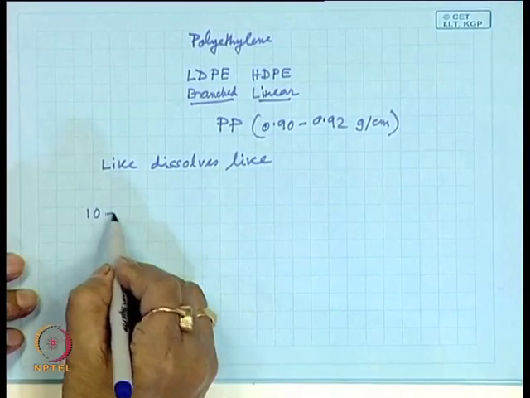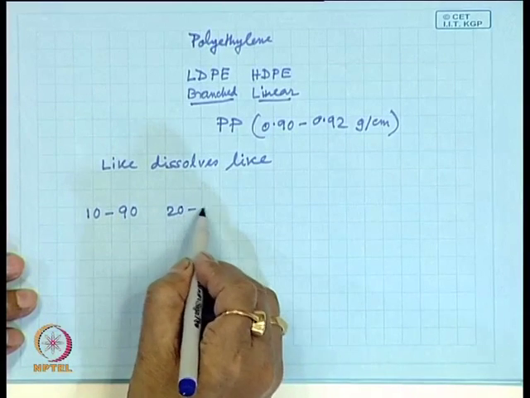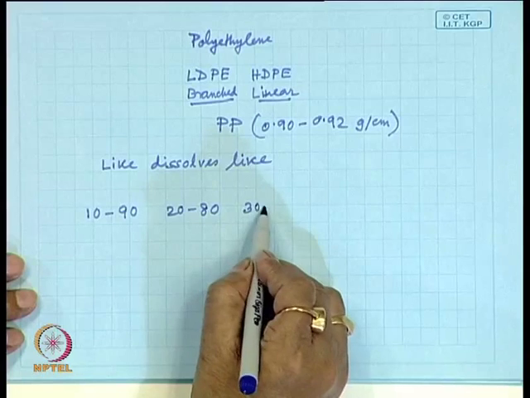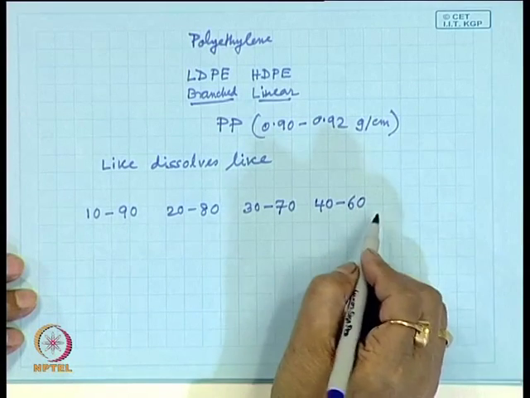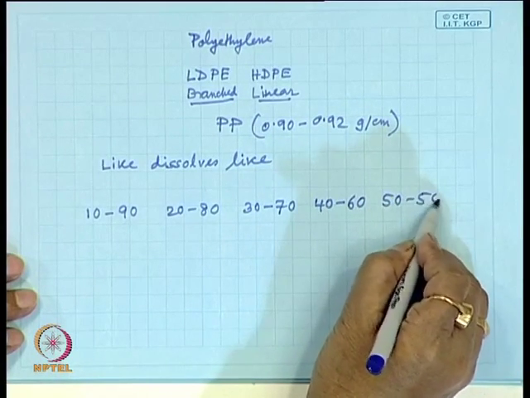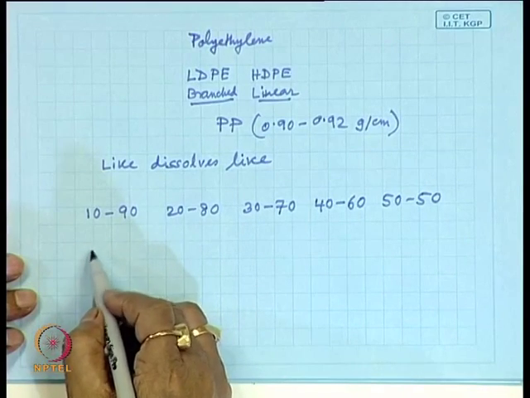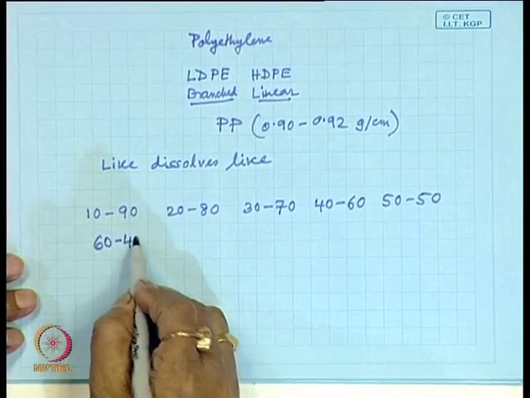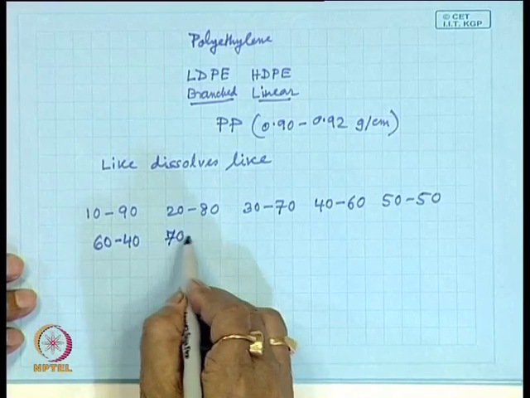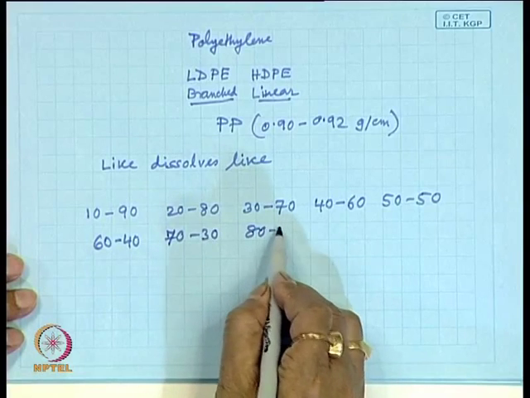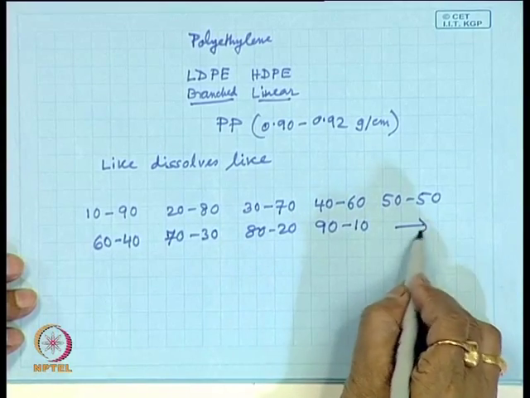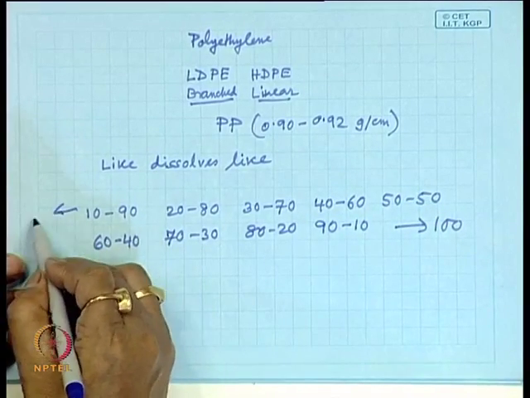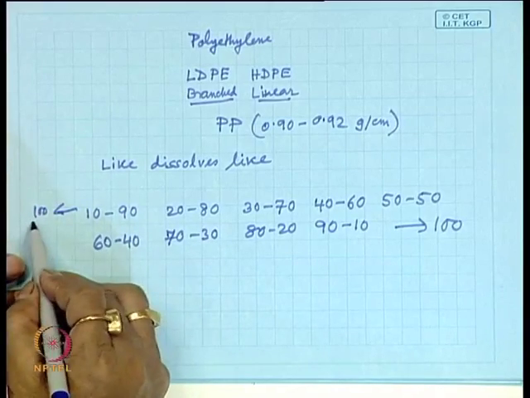So, this way you can have 10 90, 20 80, 30 70, 40 60, 50 50, and then 60 40, 70 30, 80 20, 90 10, and 100% of one side, another is 100% pure solvent.